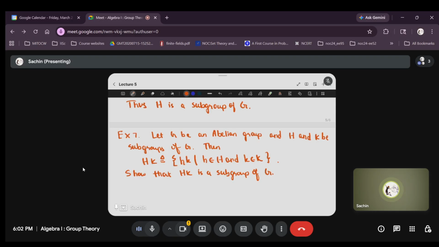So you already have two subgroups H and K. You pick any element of H, then you pick any element of K, and you take their product HK and you put it in the set capital HK, which is the set of all products where the first element comes from capital H and the second element comes from capital K, where both capital H and capital K are subgroups.